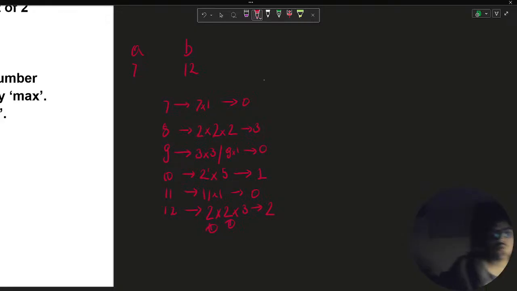Now how do we do it? Can we assume the number needs to be divisible by 2? Is it the right assumption?